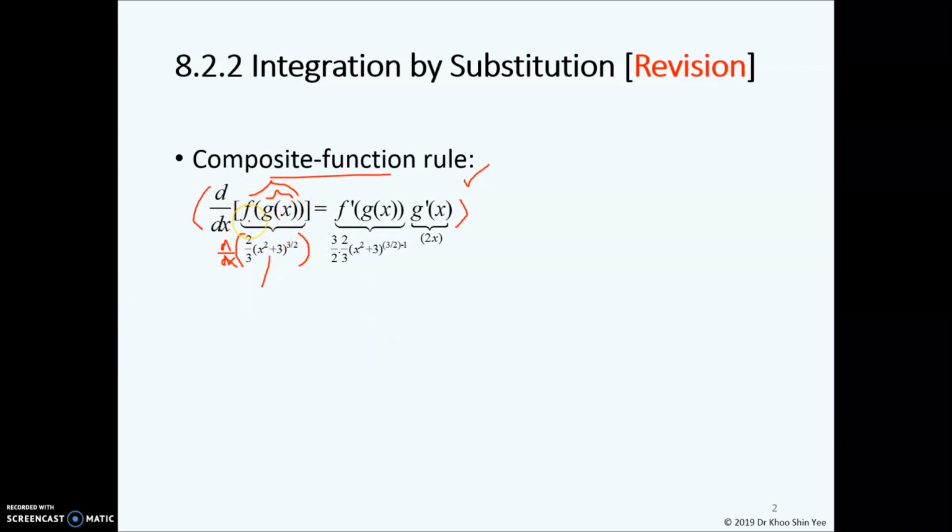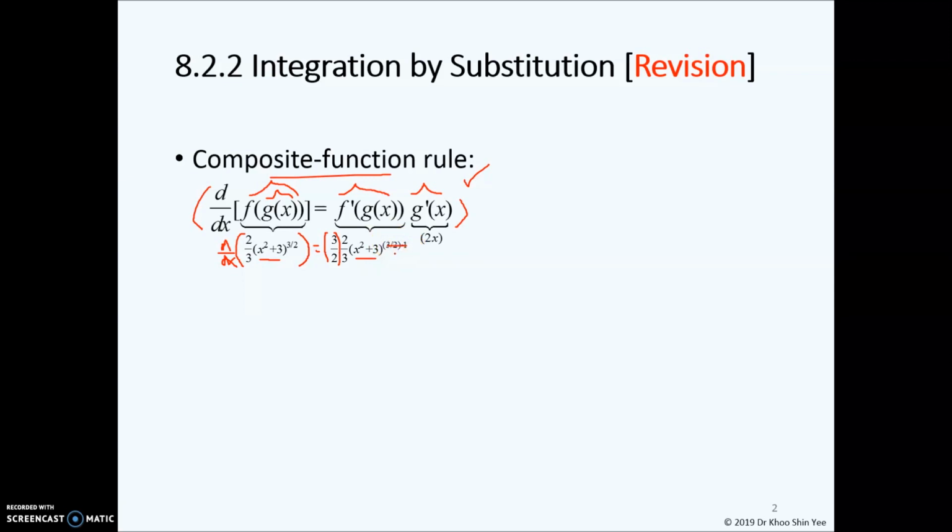So let's say we want to solve this function. First of all, you solve for the function f at the outer part, and then solve the inner part. For the outer part, we have the polynomial function x squared plus 3. For the power of 3 over 2, we multiply it in front after differentiation, and then 3 over 2, we have to minus 1.